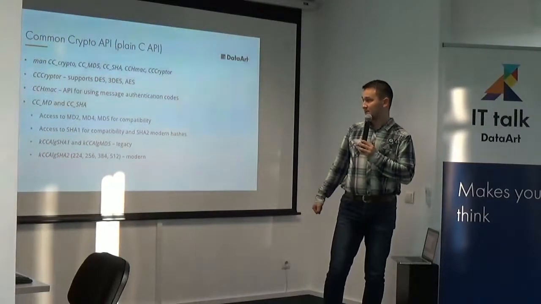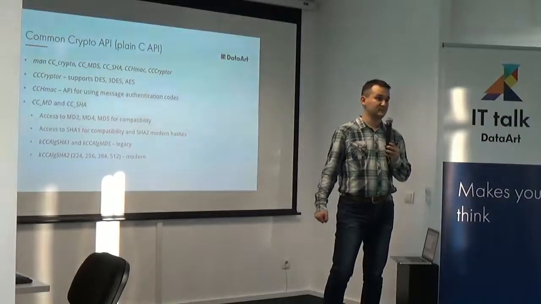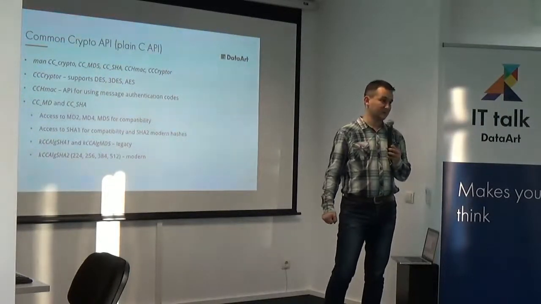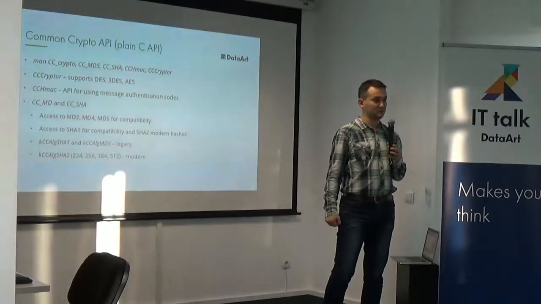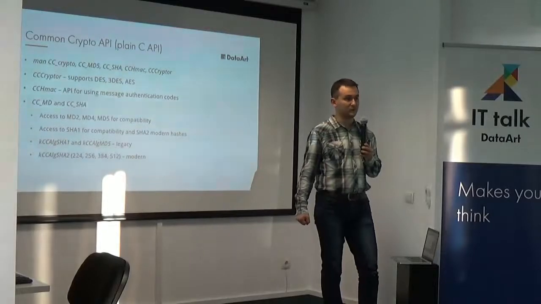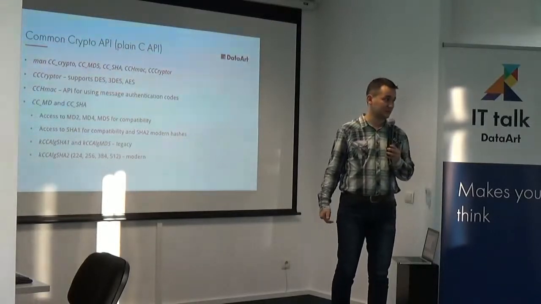Then you have ccmd5 and cc-sha hash functions. Only the SHA-2 family is recommended for usage nowadays because all the others are vulnerable to different rainbow tables attacks.